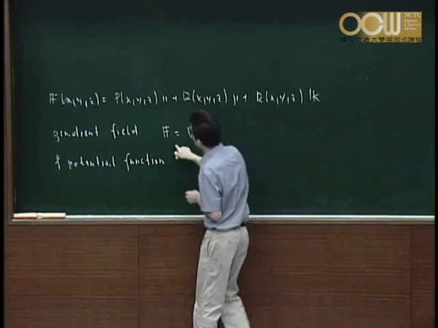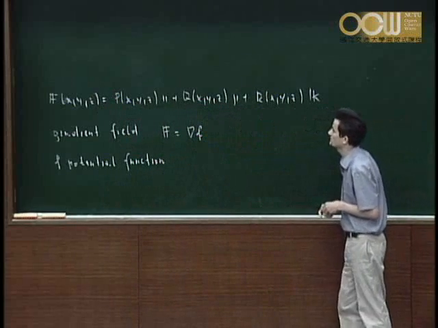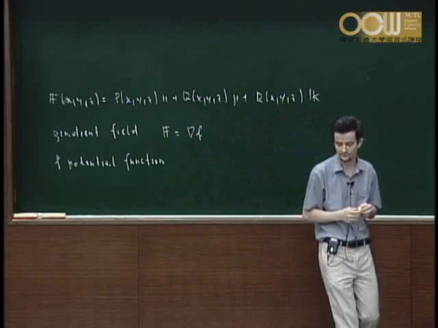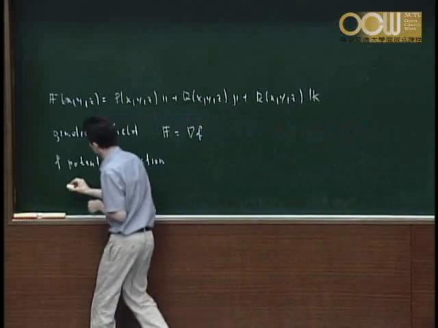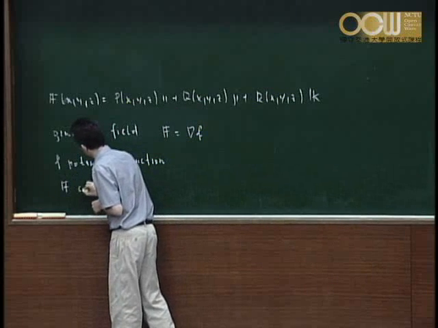If you have a three-dimensional vector field and you can find a function f such that the vector field is a gradient vector field, such a vector field is called conservative. So such a vector field F would be called a conservative vector field.